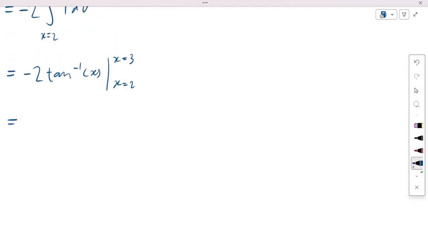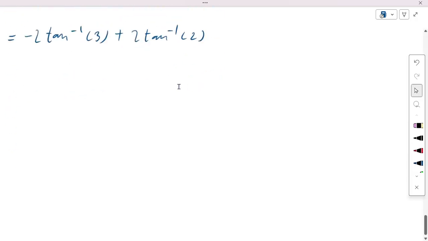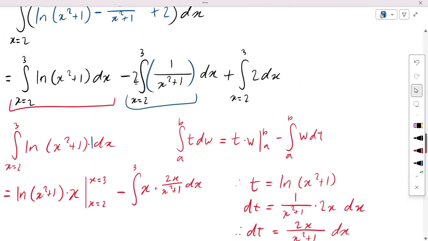It's going to be negative 2 times arctangent of the upper limit, which is 3, minus the arctangent of the lower limit, which is 2. And then we can distribute the negative 2 into both of them. Negative 2 arctangent of 3 plus 2 arctangent of 2. And that's what we have over here. So that is the one from this integral over here.